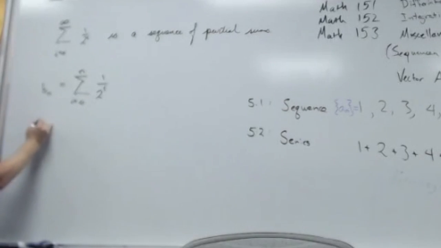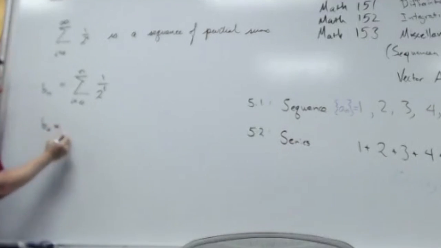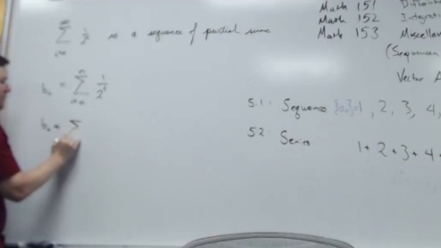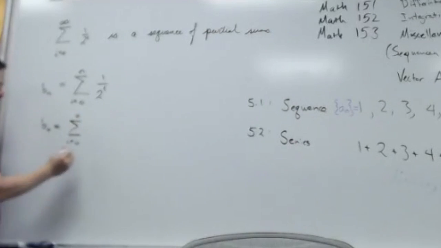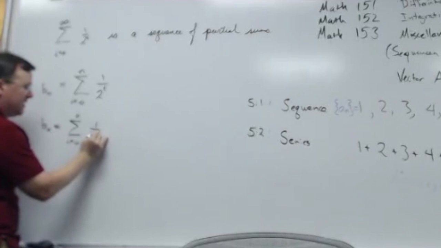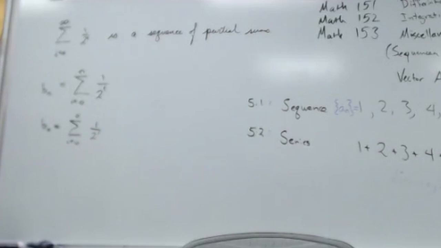So for example, B_0, what is B_0? It's the sum from i equals 0 to 0 of 1 over 2 to the i. That means there's only one term. I'm starting and ending at the same place.